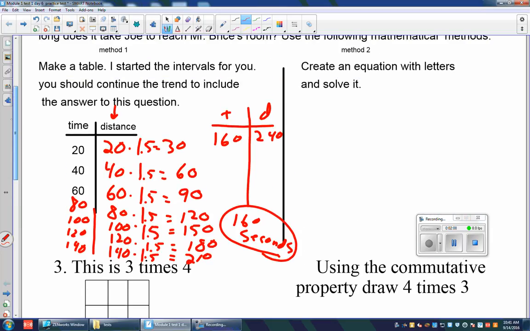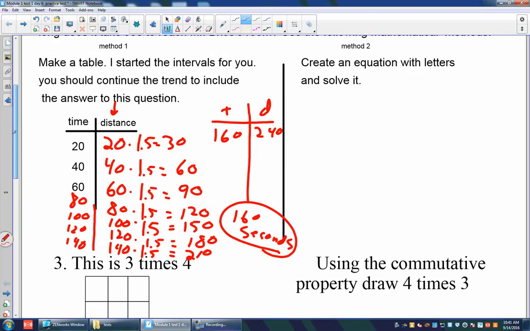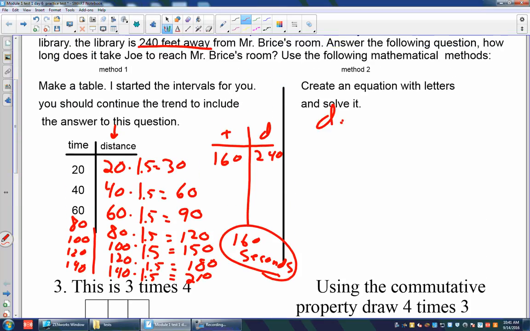This says create an equation. I told you that we needed to know the equation distance equals rate times time. Now you could have set up ratios, which is perfectly fine. And okay, so here distance equals rate times time. The distance is 240 feet.